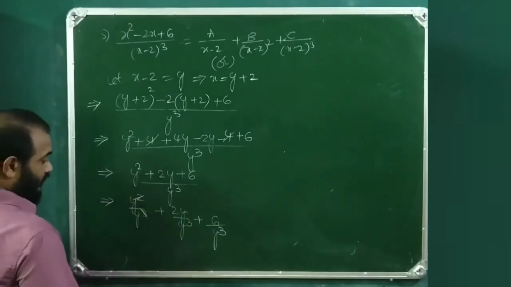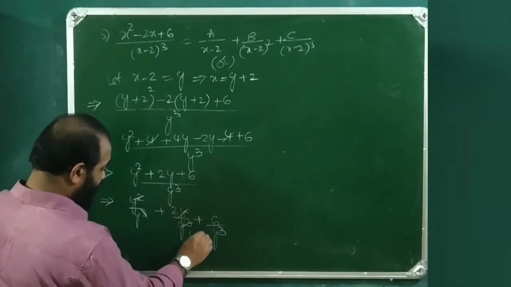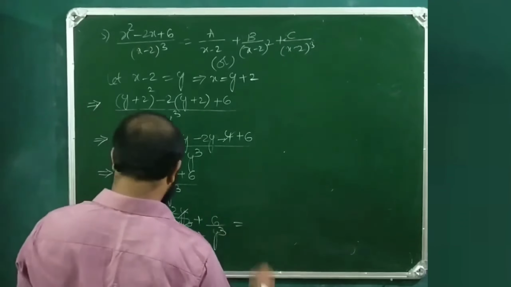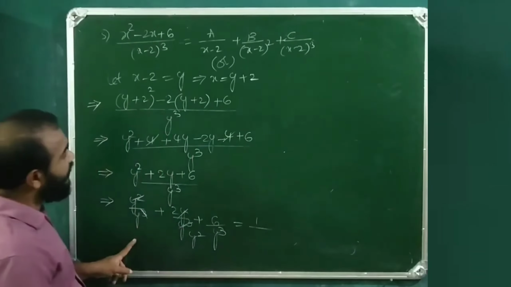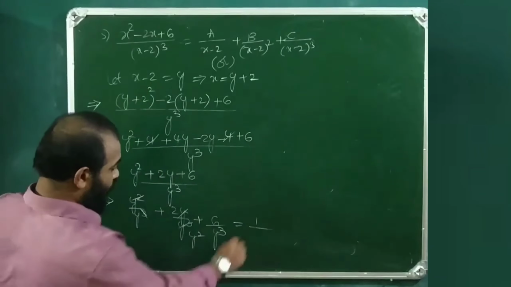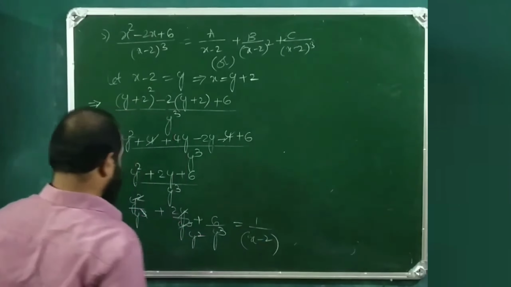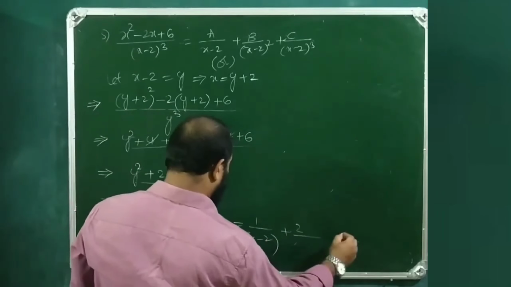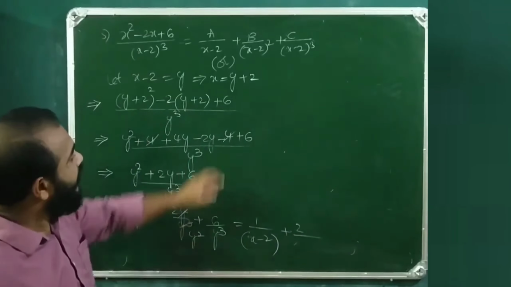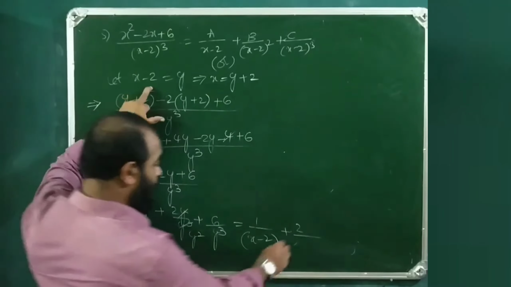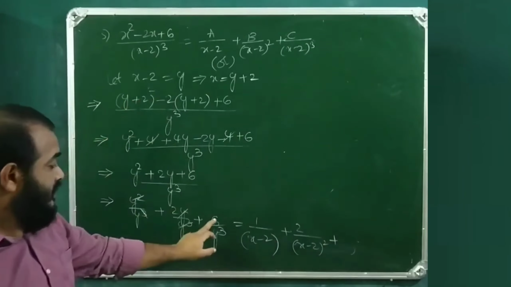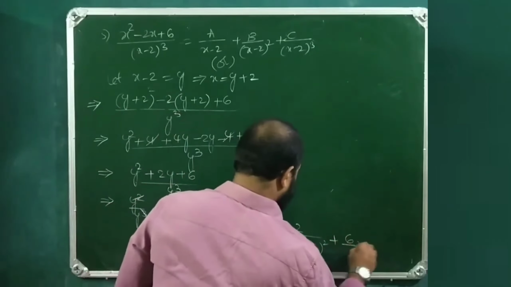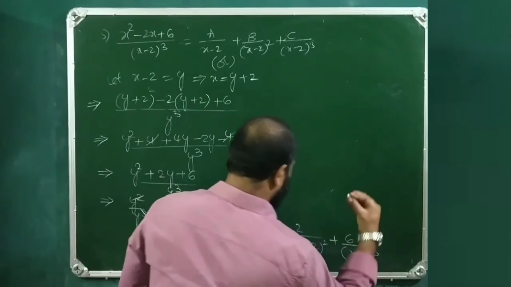That gives 1 by y, which is 1 by x minus 2, plus 2 by y square, which is 2 by x minus 2 whole square, plus 6 by x minus 2 whole cube.